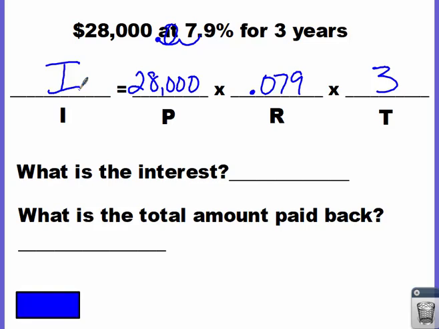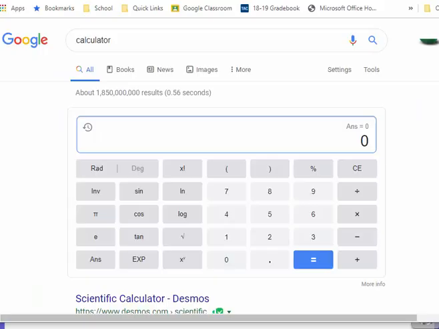Now, all this is, is an algebraic equation. So we put together the things that I can put together to solve for the unknown. In this particular case, I'll take the 28,000, the 0.079, and the 3, and multiply those together. So let's pull up a calculator and do that.